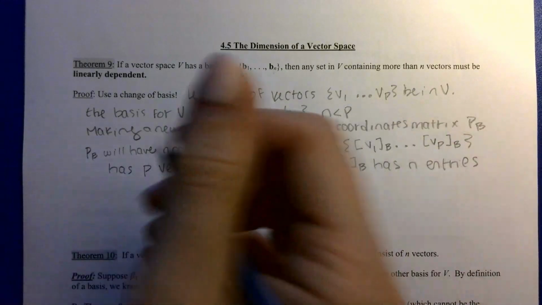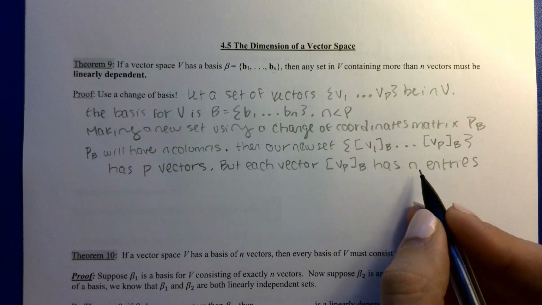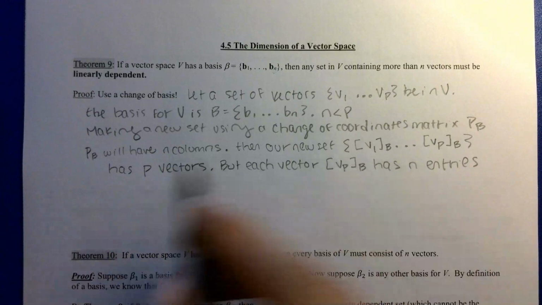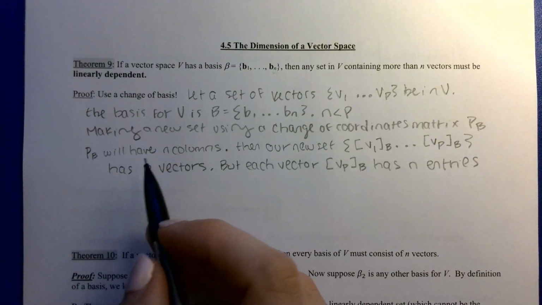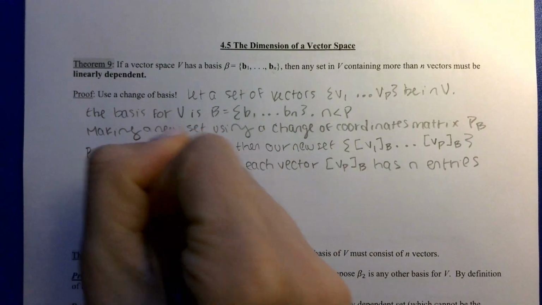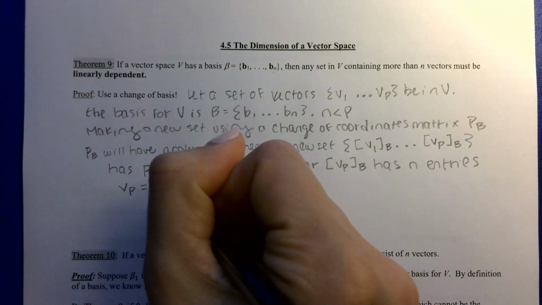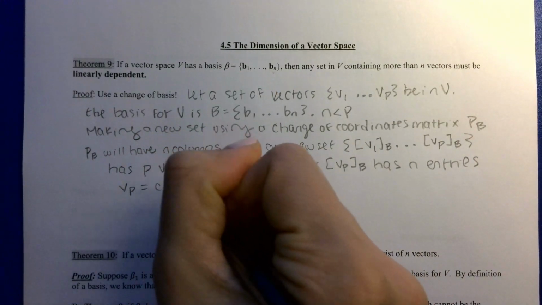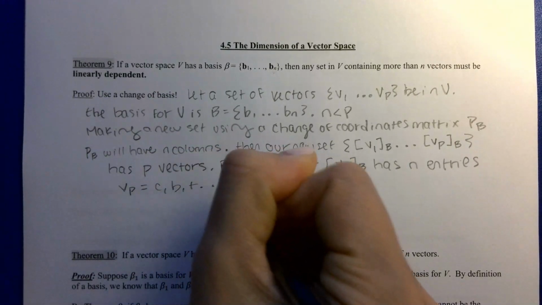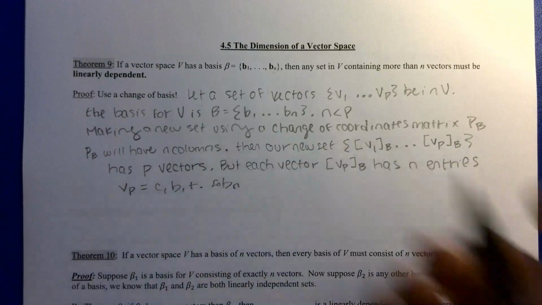And you can think about that because n was the number of columns in P sub B, which meant that each vector, let's say v sub p, was created by using a linear combination of b1 through bn, with constants c1 through cn.